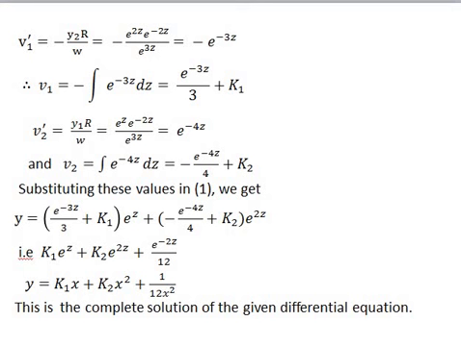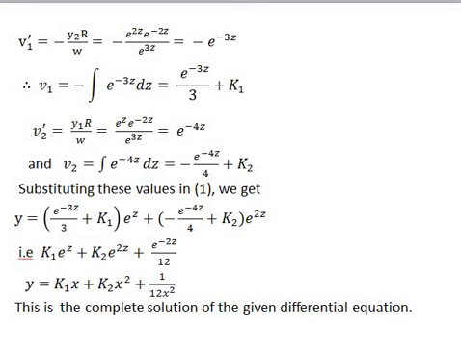Substituting these values in equation 1, we get y is equal to v1, that is e to the power of minus 3z divided by 3 plus k1, into e to the power of z, plus minus of e to the power of minus 4z divided by 4 plus k2, into e to the power of 2z.